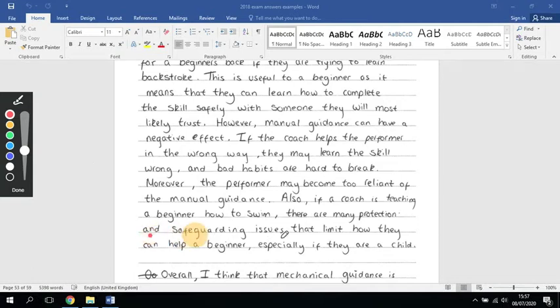And in particular, if you look here, he's got the safeguarding issues. Also, if a coach is teaching a beginner how to swim, there are protection and safeguarding issues which limit how the coach can actually interact with the child. So we're looking at how, especially if they are a child, it can affect their performance. This is actually very well structured.